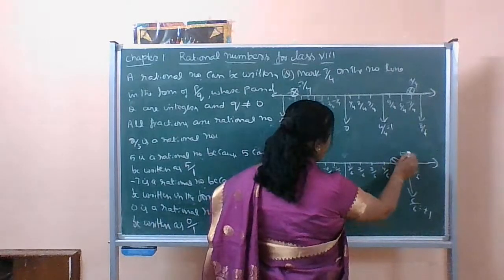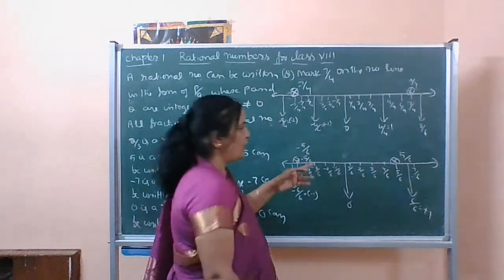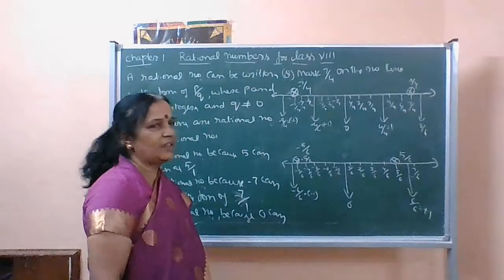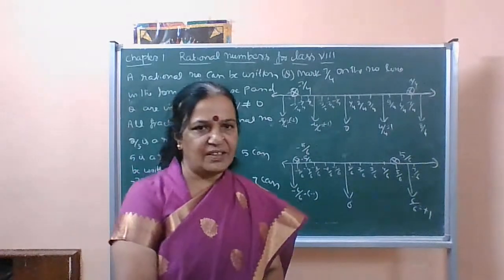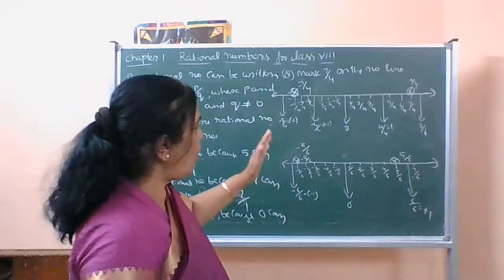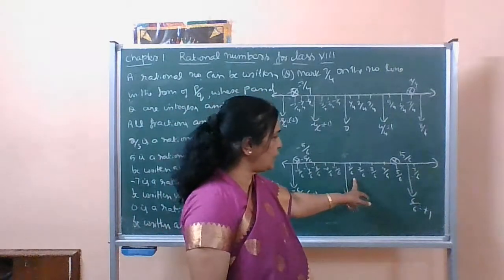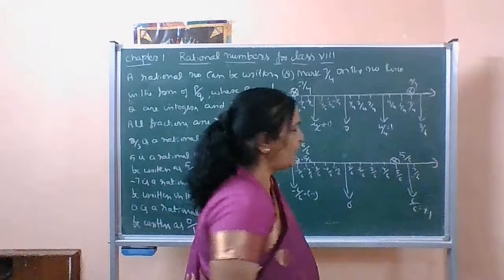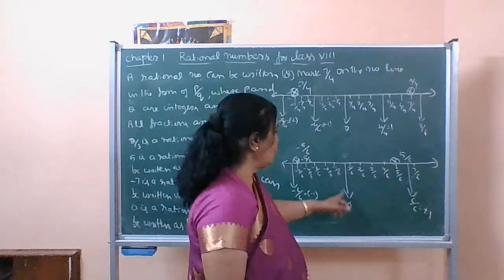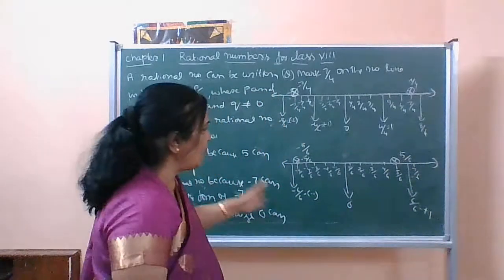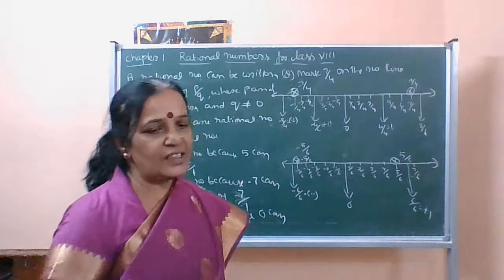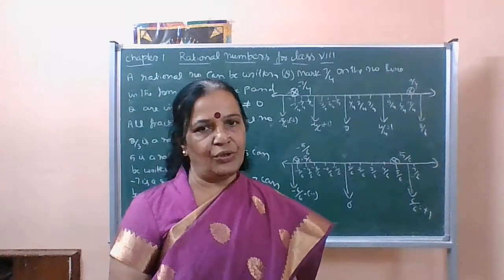Here it is plus 5 by 6, and here it is minus 5 by 6. All the positive rational numbers towards the right side are greater than 0. All the negative rational numbers towards the left are less than 0.